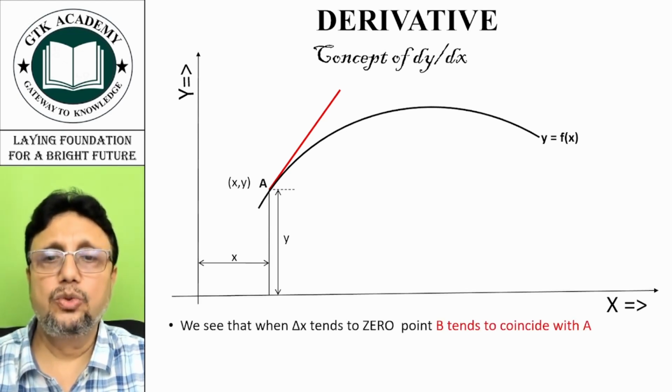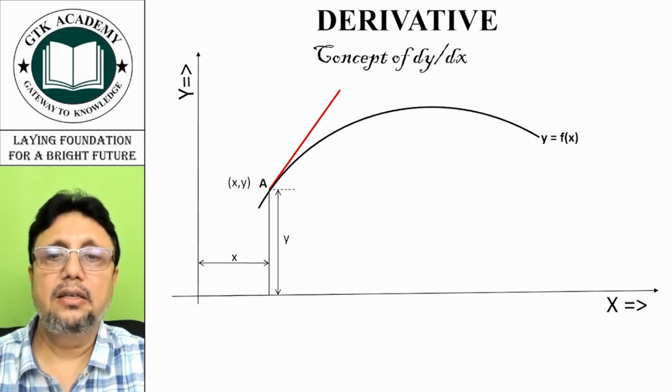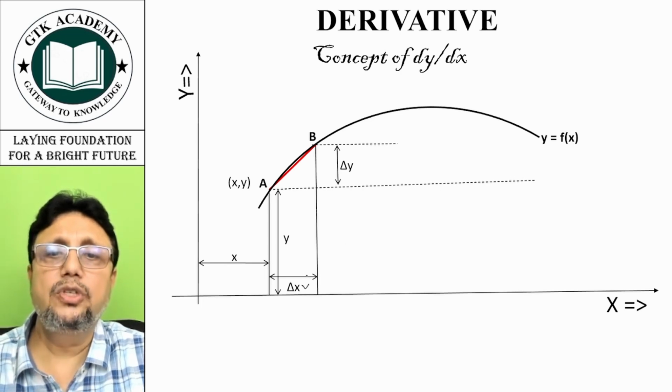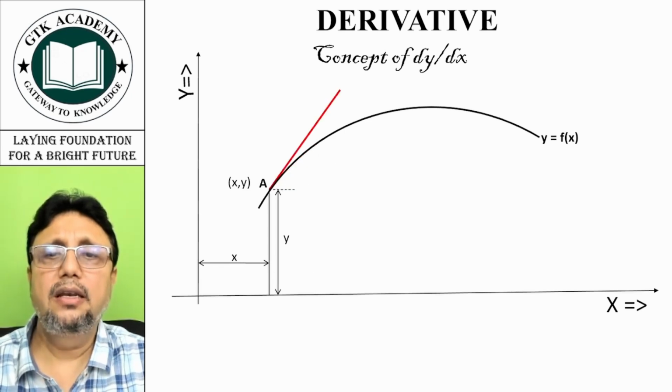When delta x tends to 0, just see again, when you make it nearly 0, then B tends to coincide with A, and this line becomes tangent.